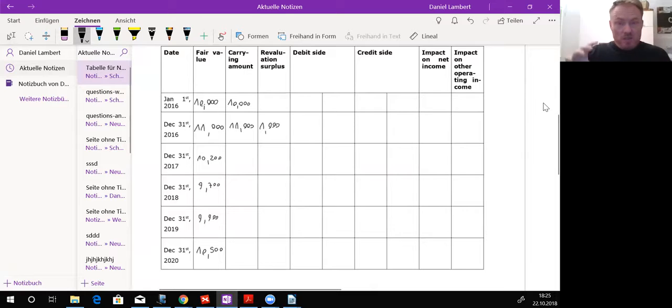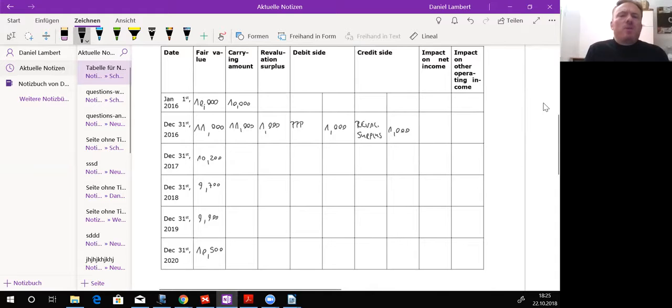So there's one thing on the debit side and there is another thing on the credit side, which is property, plant, and equipment go up. Property, plant, and equipment will go up by 1,000 euros. And so will the revaluation surplus. The revaluation surplus is going to rise by 1,000 euros just as well.